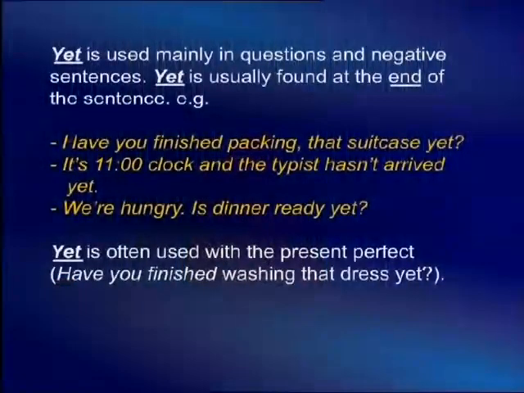"It's 11 o'clock and the typist hasn't arrived yet." That is the correct position of the word "yet," at the end of the sentence. And then, we are hungry. "Is dinner ready yet?" "Is the lunch ready yet?" "Yet" usually comes at the end of the sentence.